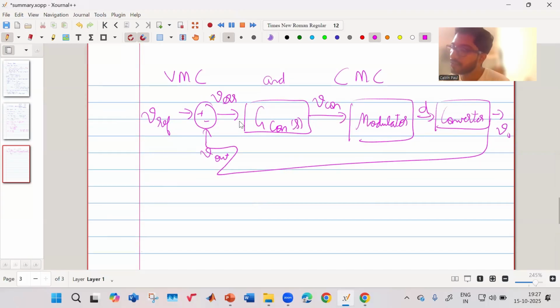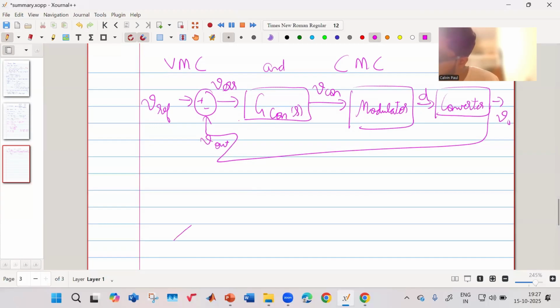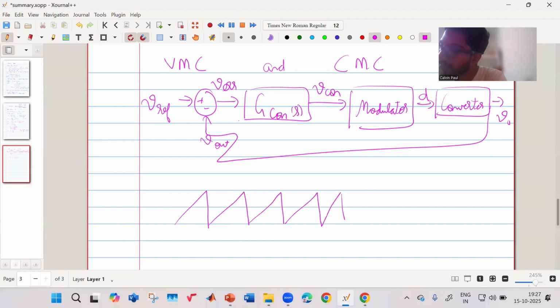Okay. So in voltage mode control, what do we have? We have this sort of ramp, and this is our VCon.